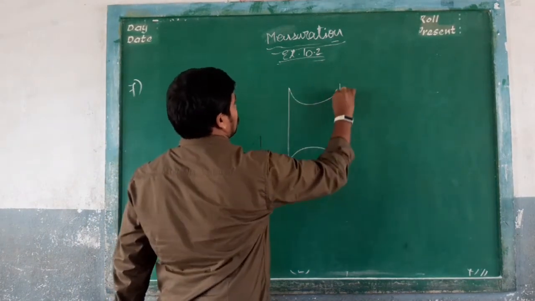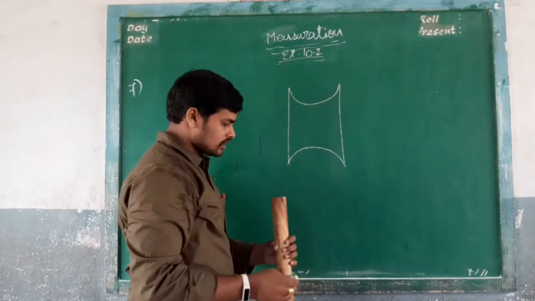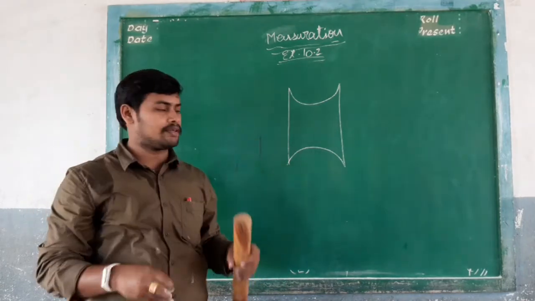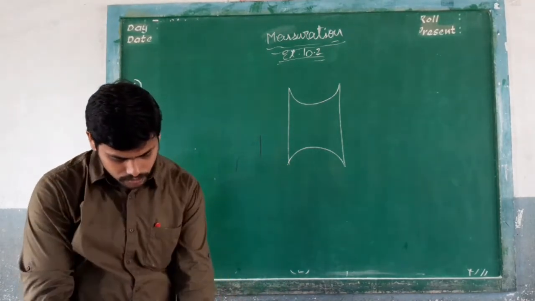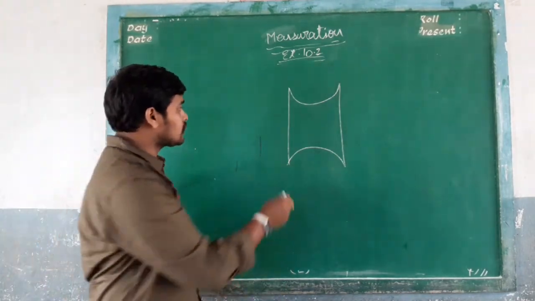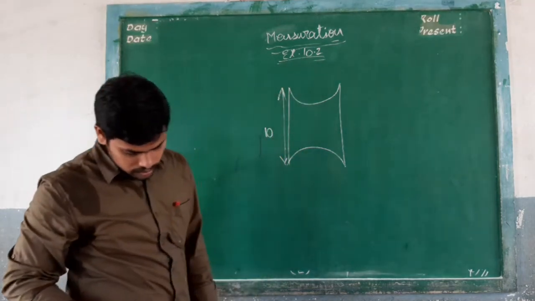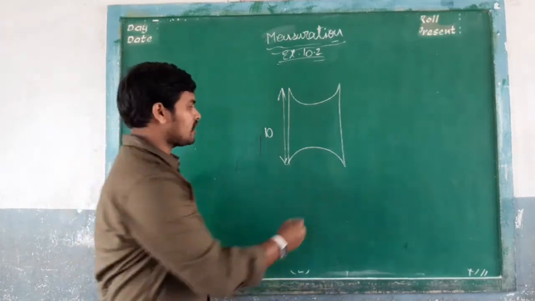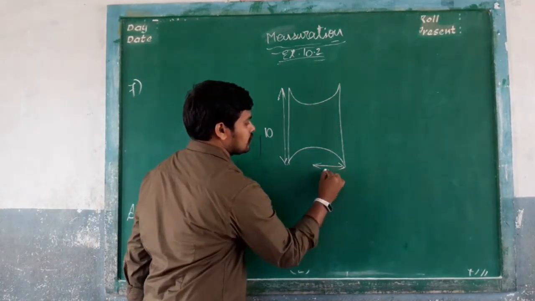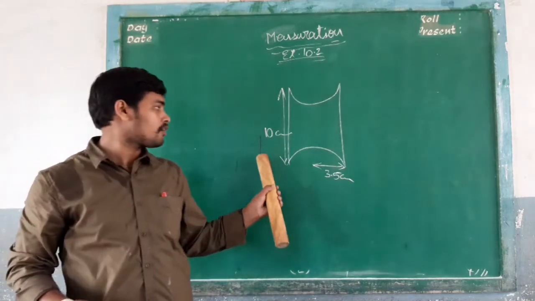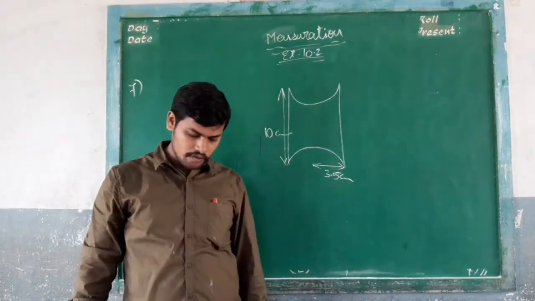Shape like this. Now, if the height of the cylinder is 10 centimeters, and the base radius, what is the radius here? Radius is 3.5 centimeters.